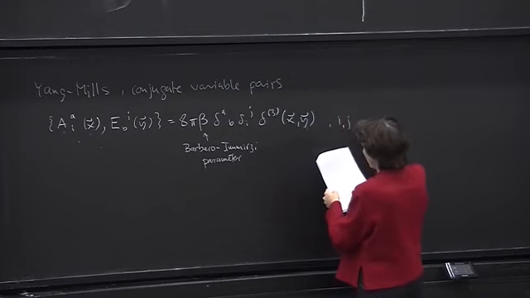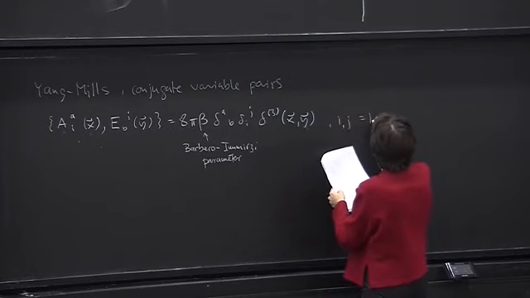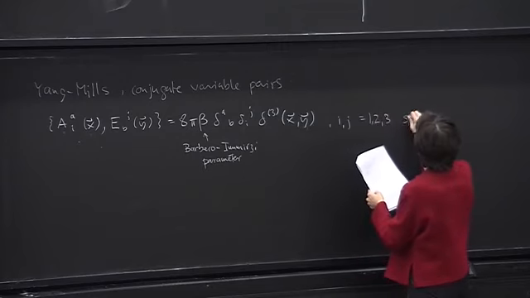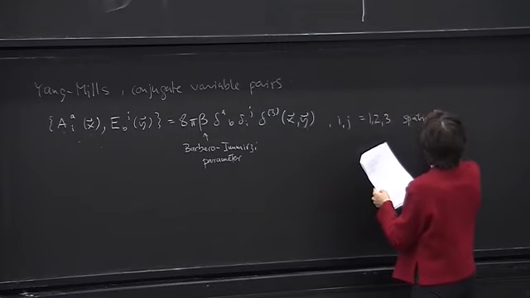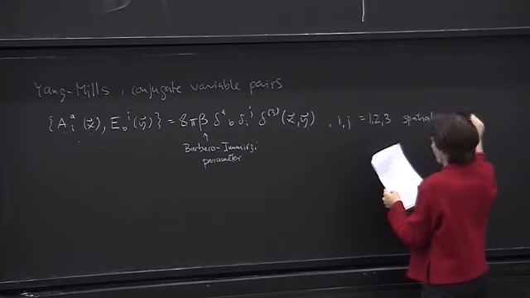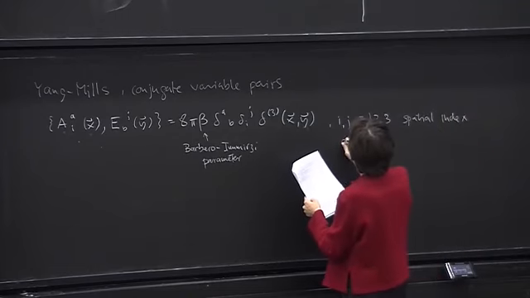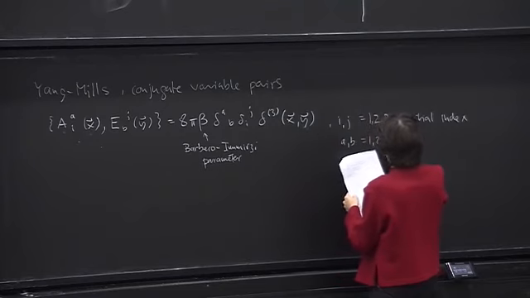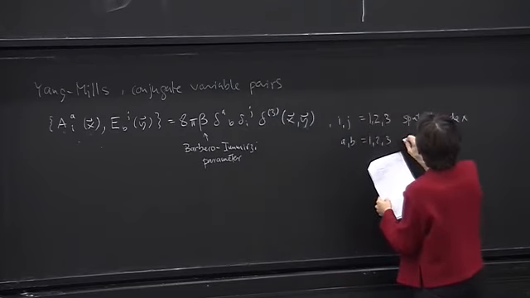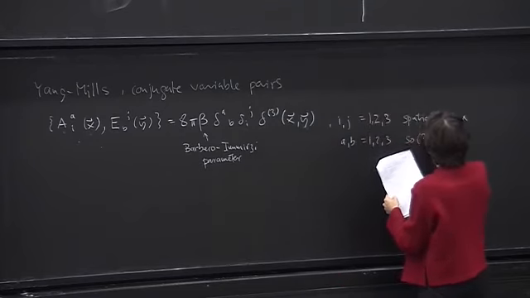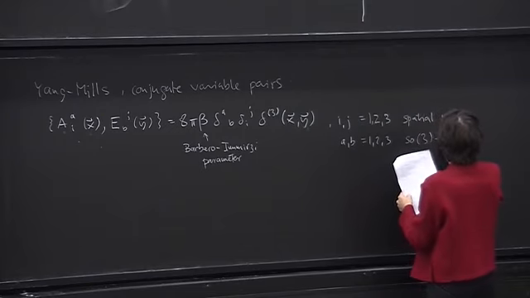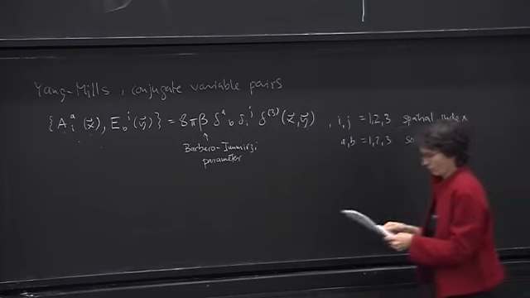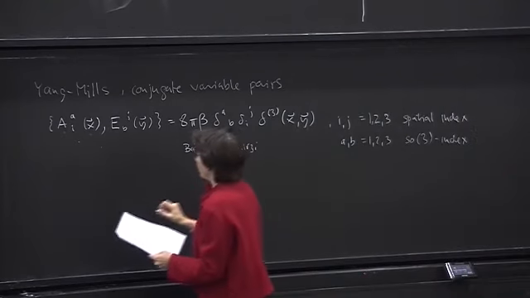So here i, j, just to fix my notation, equal 1 to 3 are spatial indices. And A and B, also running from 1 to 3, is an SO(3) index.